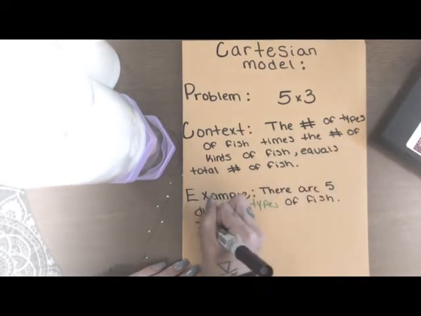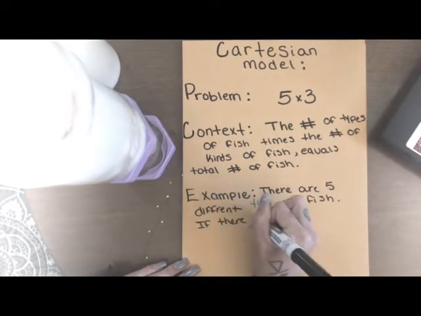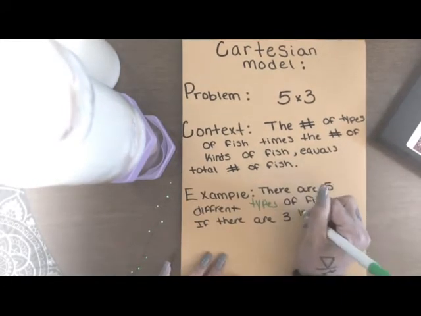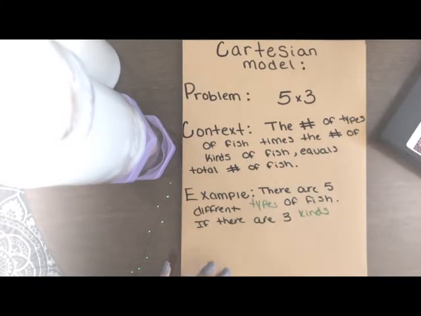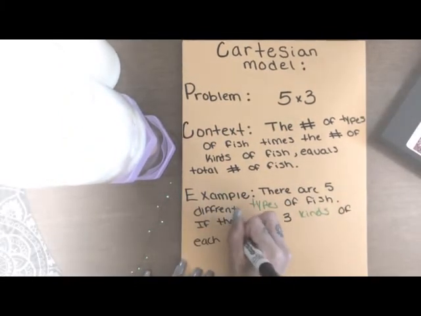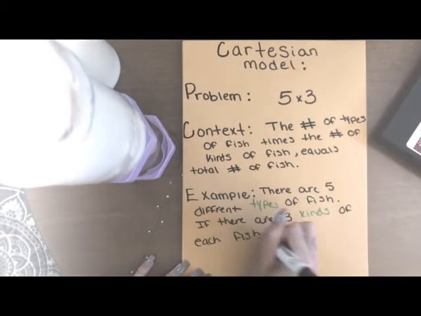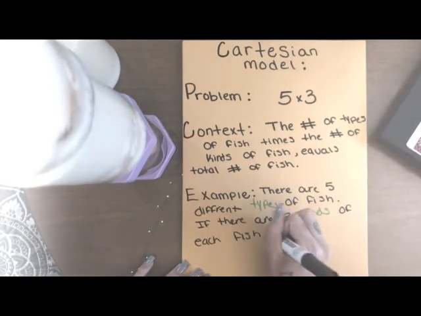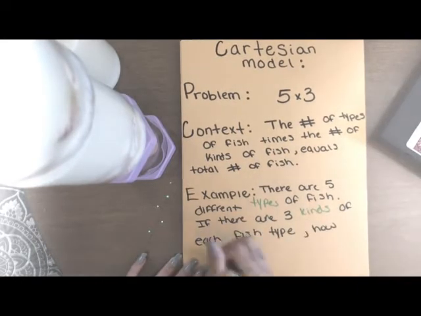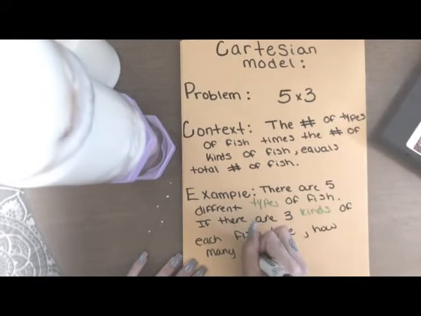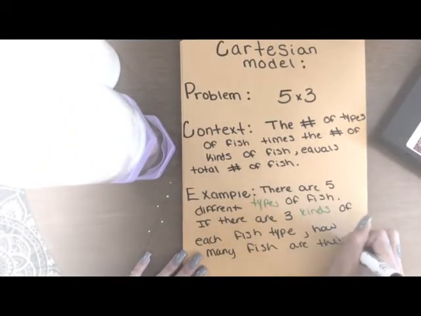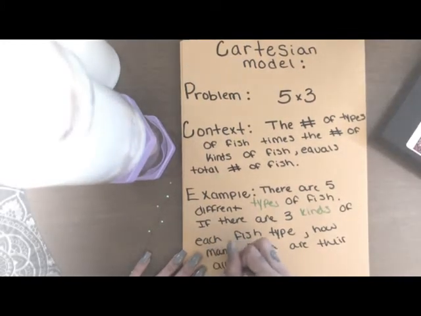If there are 3 kinds of each, how many fish are there all together?